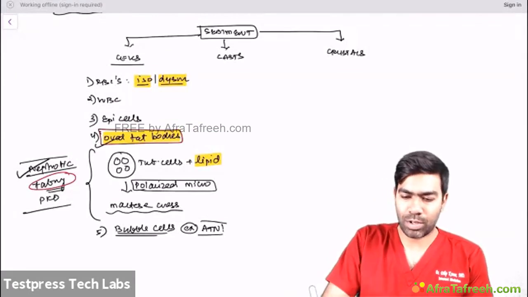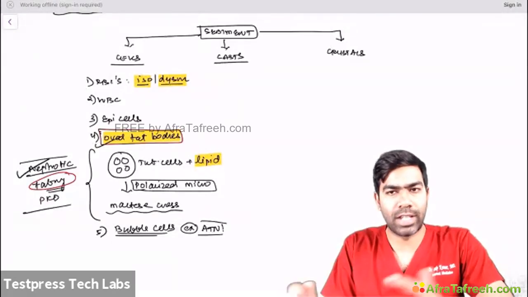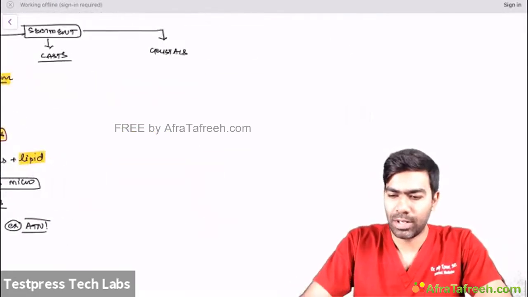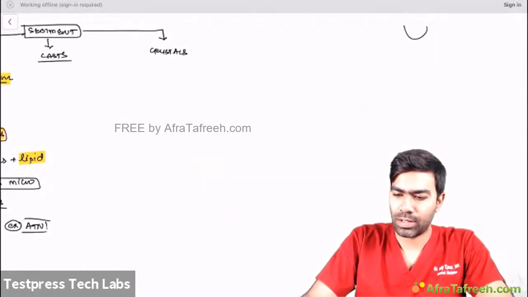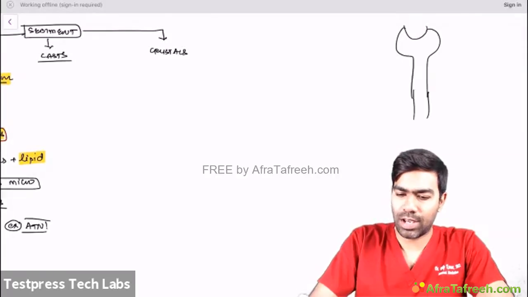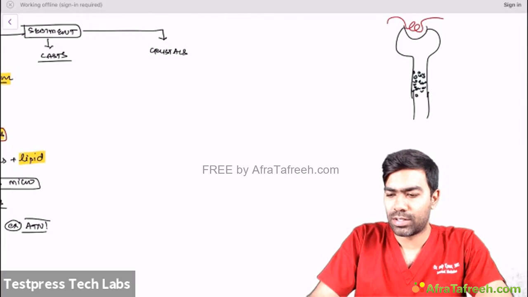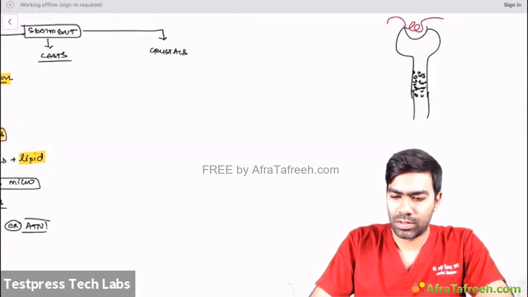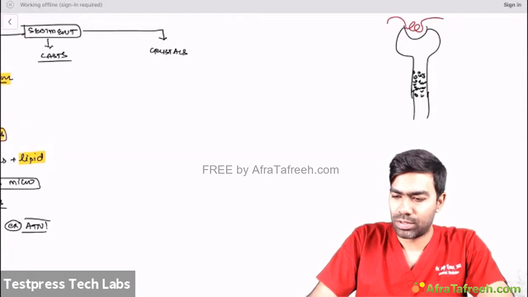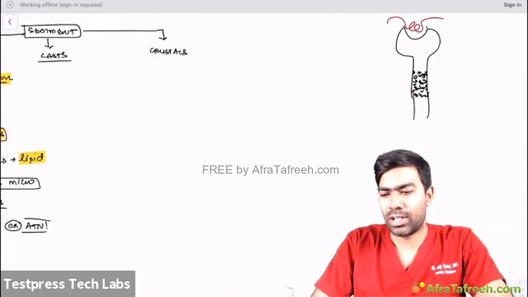Then next comes the most important, the casts. The casts are very important. You can basically divide them into cellular casts and acellular casts. I'll come back to that in some time. But what is basically a cast? Suppose you have a glomerulus and a tubule, and some cells or substances come into the tubules and get shed down.